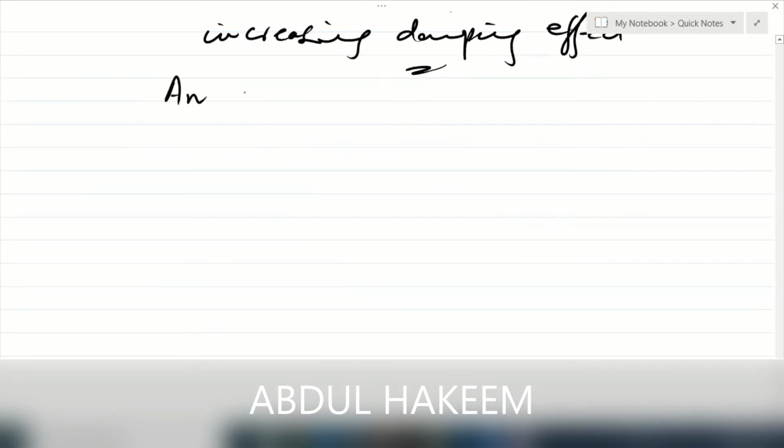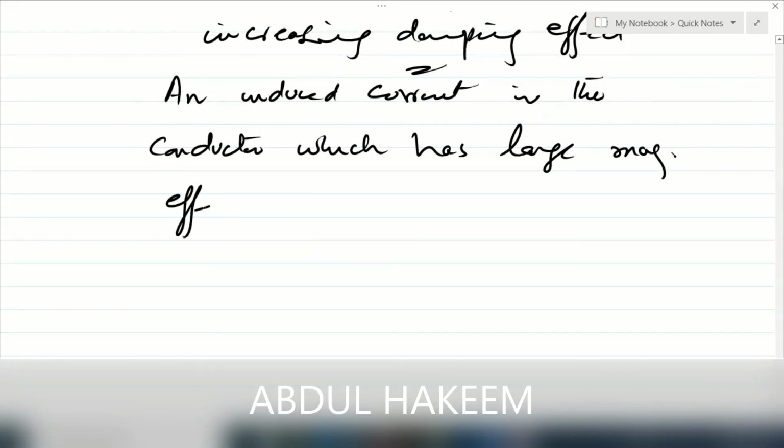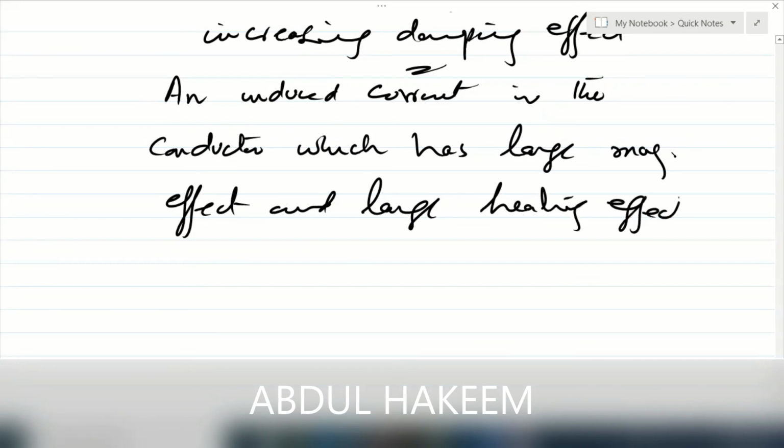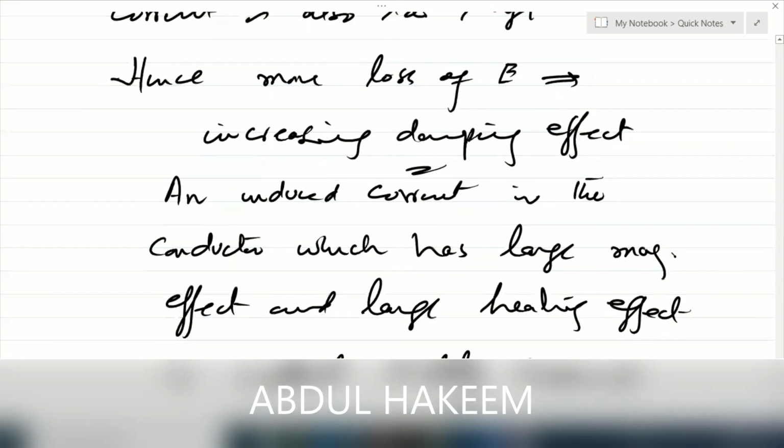So an induced current in the conductor which has a large magnetic effect and large heating effect is called eddy current. So this eddy current is induced in it.